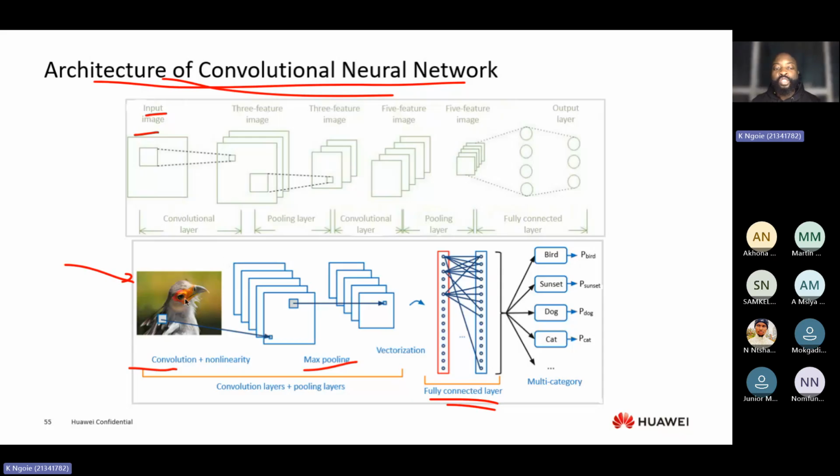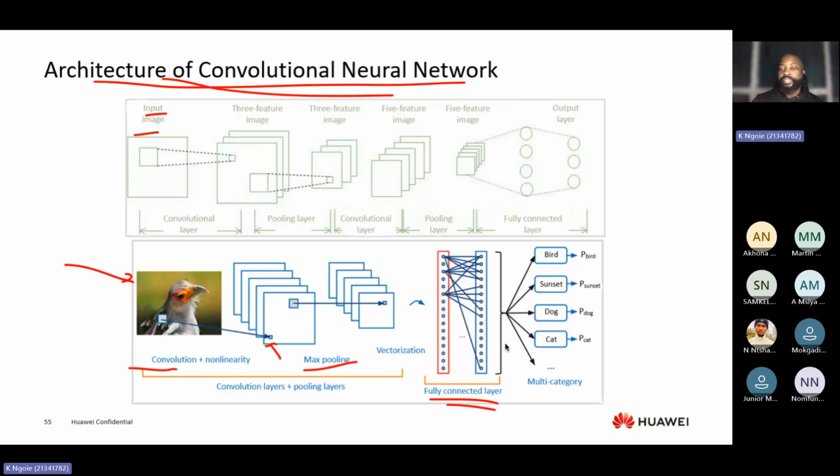So each part of this picture here represents information that we have in the input layer. You understand? So now, based on that information, the convolutional layer is the first layer, and then we take it into a pooling layer, until we get to a fully connected layer.